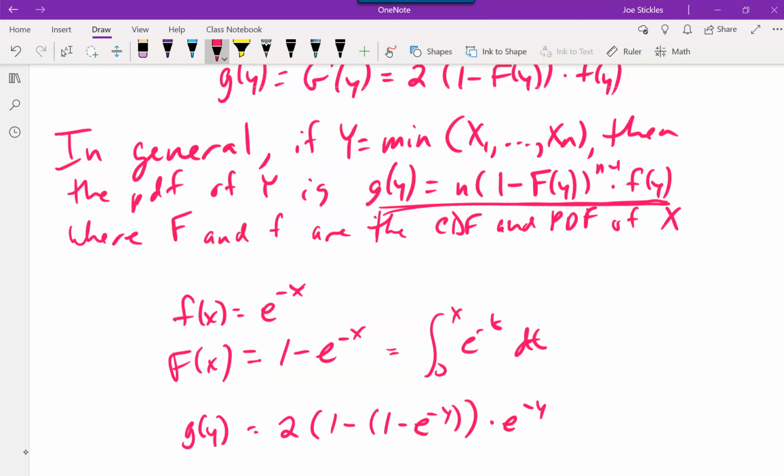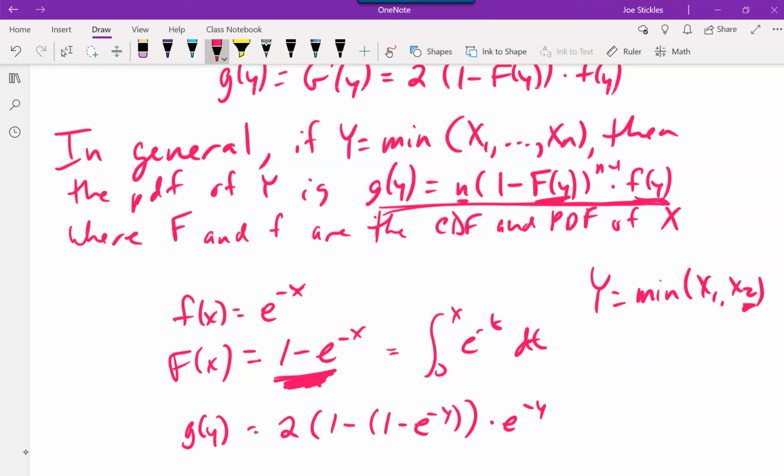Well, remember in this particular example, y was the minimum of x1 and x2. So n is 2. Right, so I put the 2 here. And then capital F of y is that one, just with the y replacing the x. And then little f of y is that one.